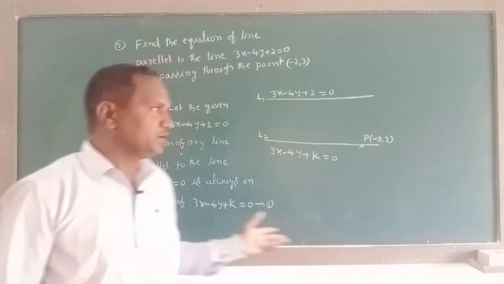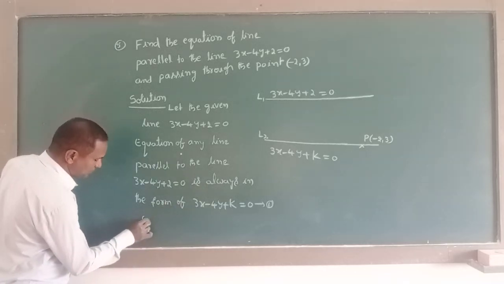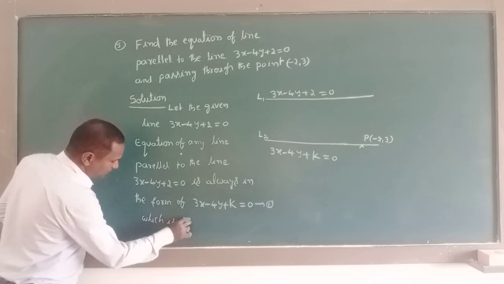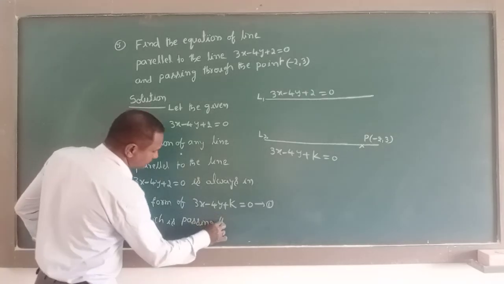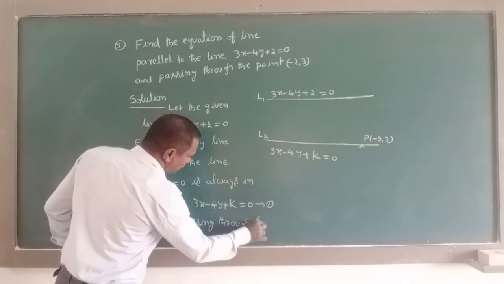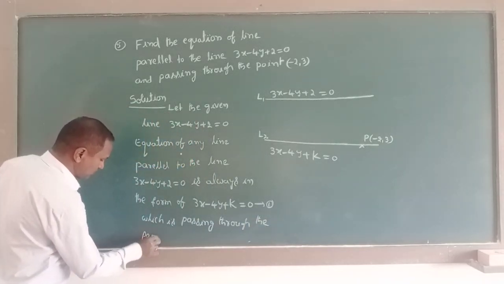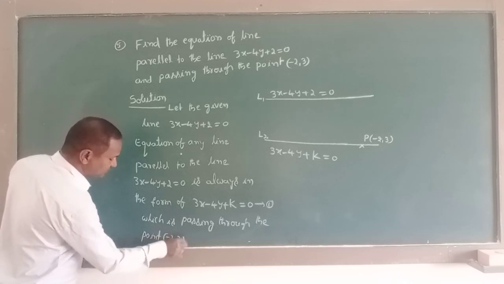At the same time, the line is passing through the point minus 2 comma 3.